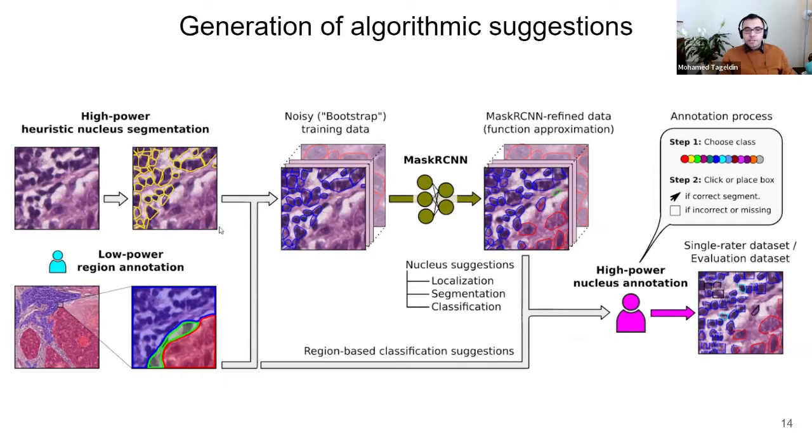And then what we do is, now that we have this big data set of quite low to intermediate quality nuclear segmentations, and they're only segmentation boundaries really, we import the low power region annotations from the previous crowdsourcing project, where people would look at this zoomed out view and say, all of this looks like cancer, all of this looks like stroma, these are collections of lymphocytes. Now, the low power view is not always going to be accurate in the high power.